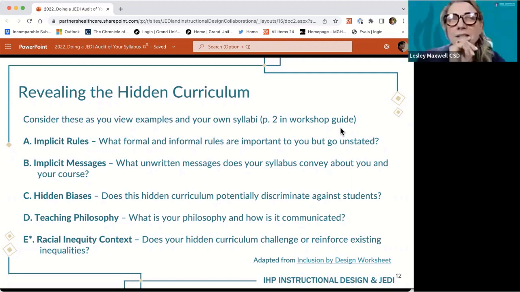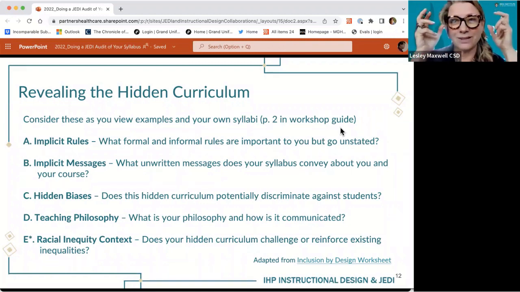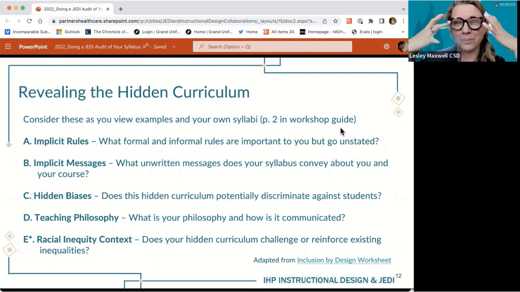Callie, can I say that I've been doing some work with this, but when I look at our syllabus, the template that we're given, the language, the implicit message is that there are some institutional corporate rules that are almost like legalese. It isn't something that I wrote as a faculty member.